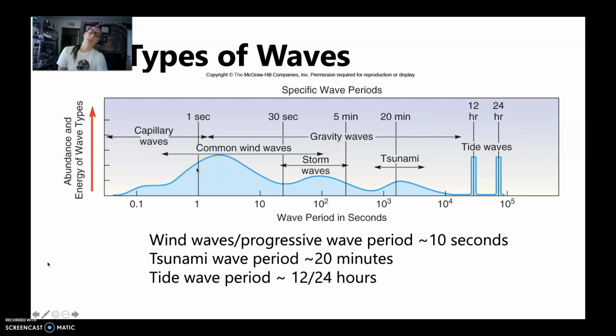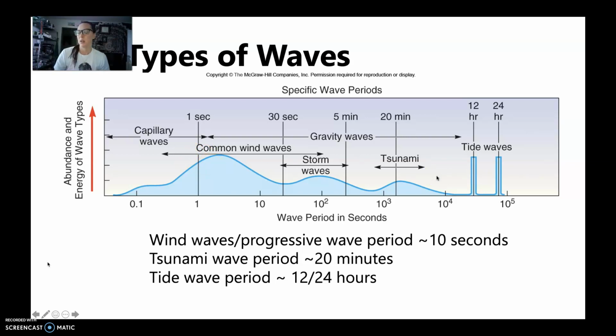And what we're looking at here is wave period in seconds and the abundance and energy of wave types on our y-axis. So these larger waves, quote unquote larger waves, have much longer periods than those smaller waves.